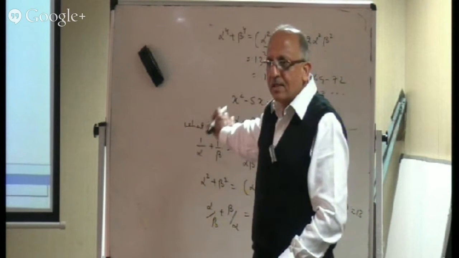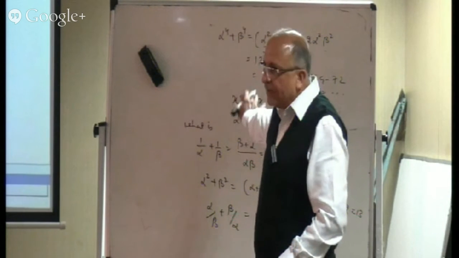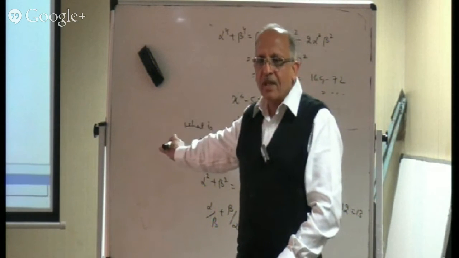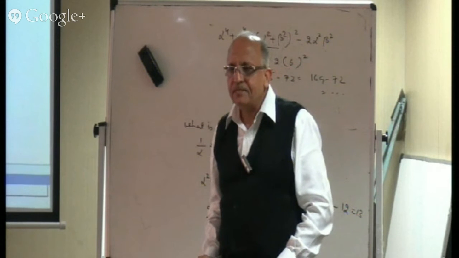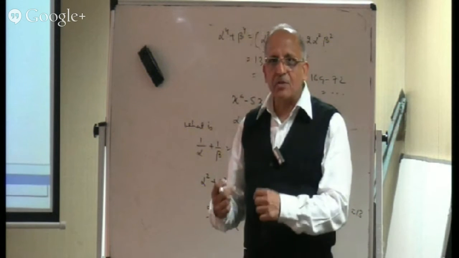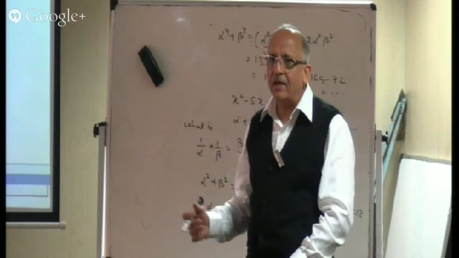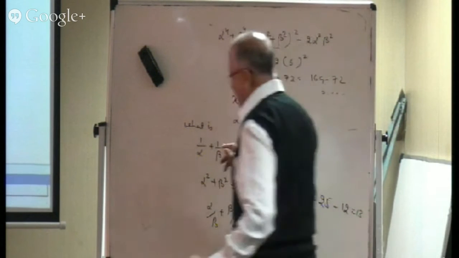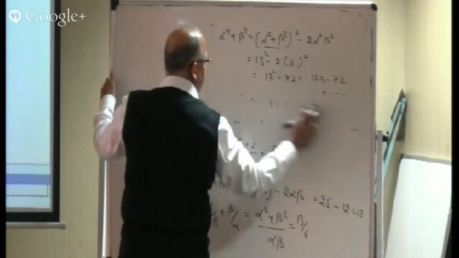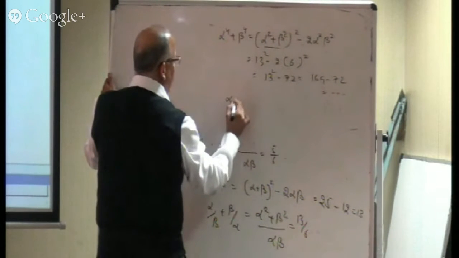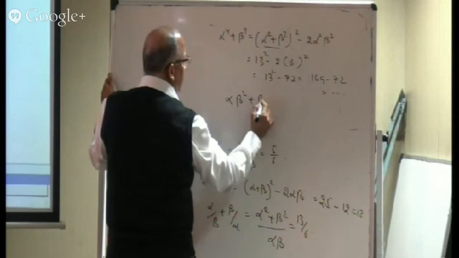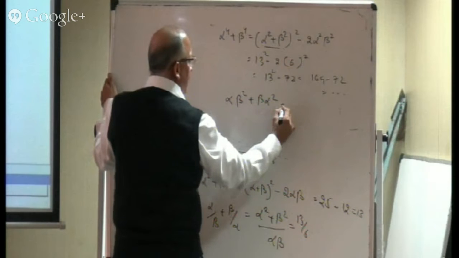So this was, given an equation, you had to find out the values of alpha square plus beta square. You can similarly find out, suppose alpha beta square plus beta alpha square. It is simple.